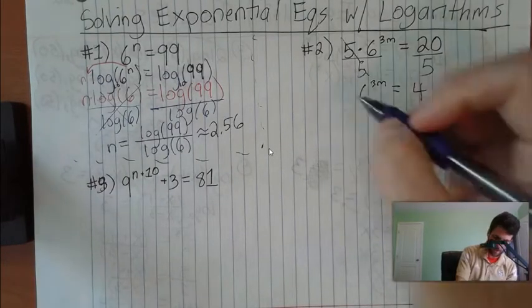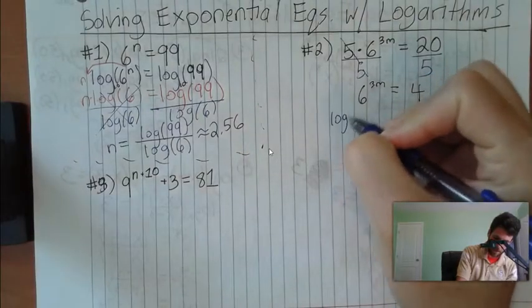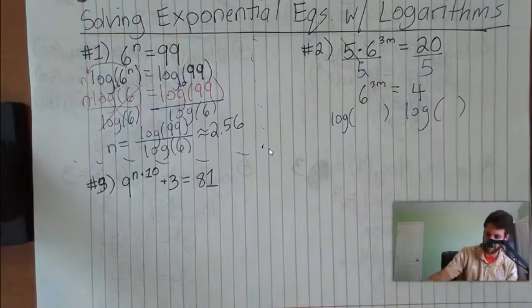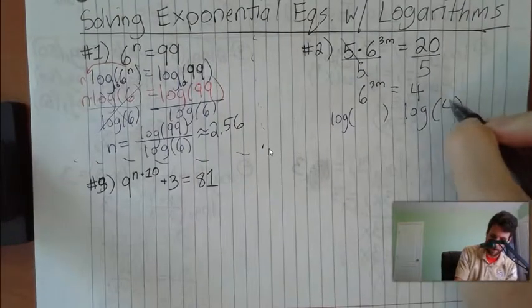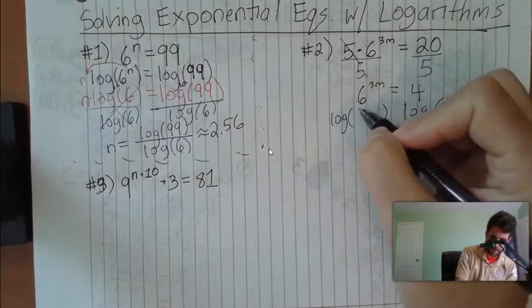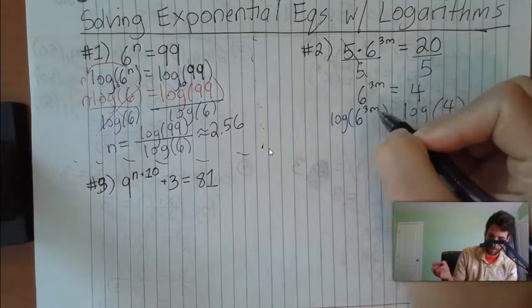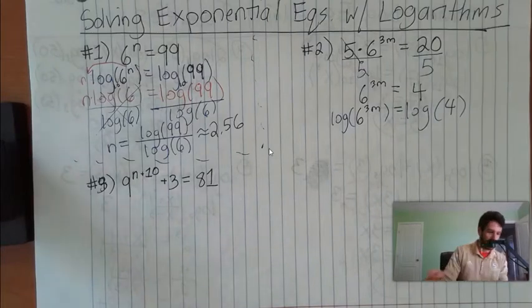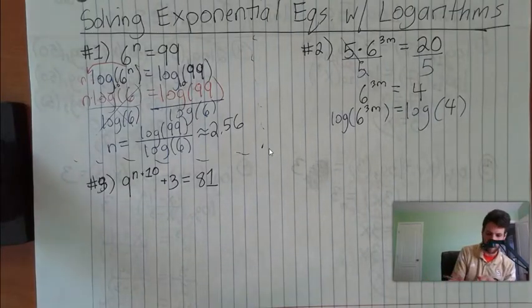So now we have to do the log of both sides. And we can fill in the 4 right here and the 6 to the 3m on the left side, and we've got them equal to each other. Then we do the product property. The 3m is going to the front.